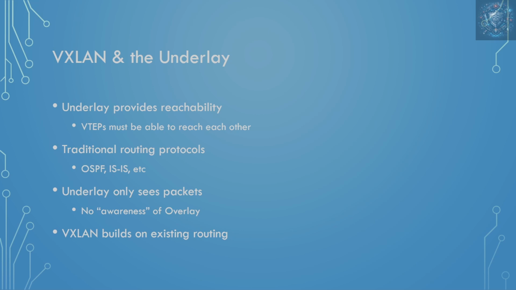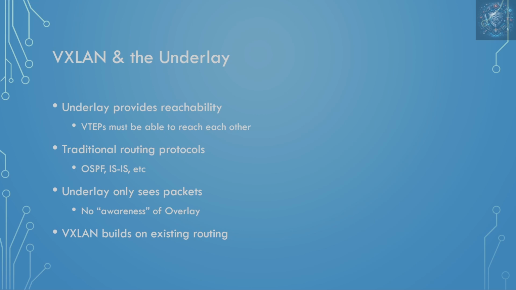And the underlay only sees packets. It's not aware that there is an overlay, quote unquote, above it. It doesn't care that 4789 is the UDP port number for VXLAN. It just sees, oh, IP packet, route. So without those traditional routing protocols in the underlay, VXLAN doesn't work.